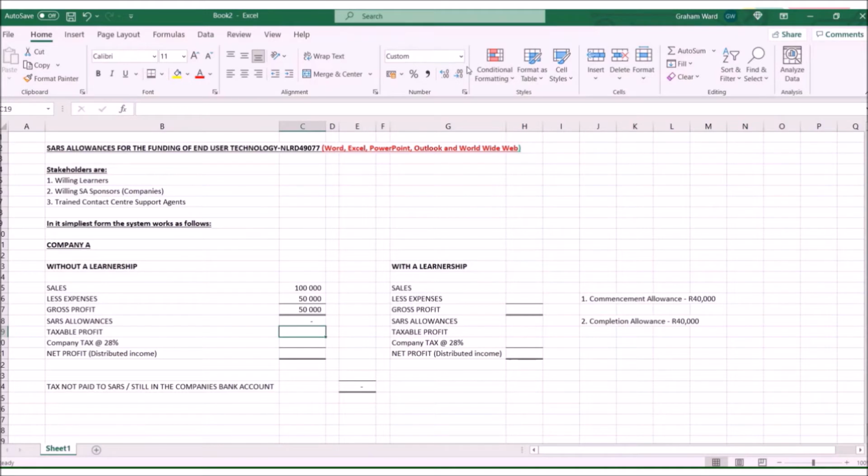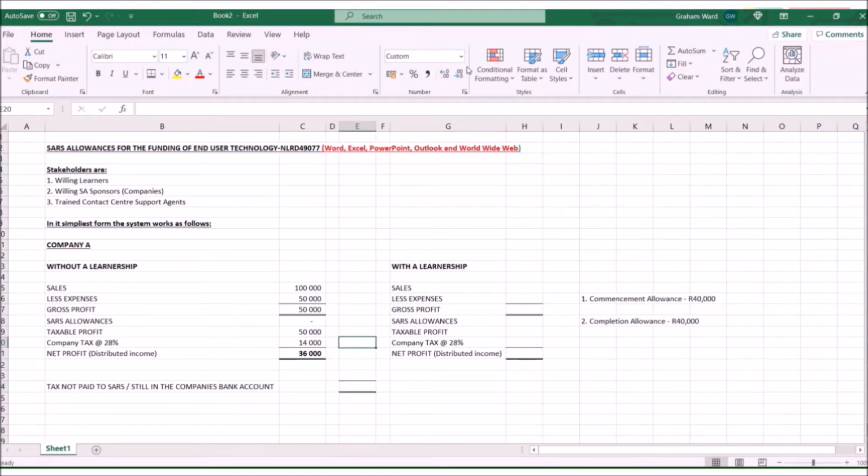So their taxable profit would be the 50,000 here. At the company tax of 28%, it would be the 50,000 times 0.28, and they'd pay tax of 14,000. Therefore, their net profit at the end of the year would be 36,000. So that's the example there.